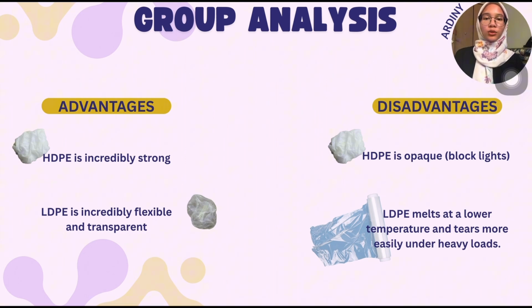That means it will block light, so you cannot use it for any application where you need to see through the material. For LDPE, the disadvantages are twofold. First, it melts at a lower temperature, so it is not heat resistant. Second, it tears more easily under heavy loads, which limits its use in heavy-duty applications.